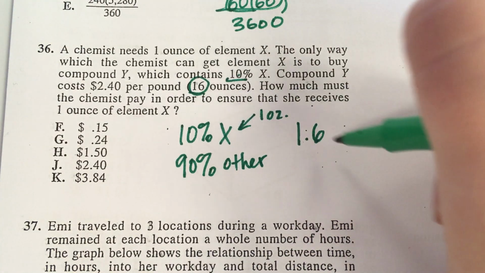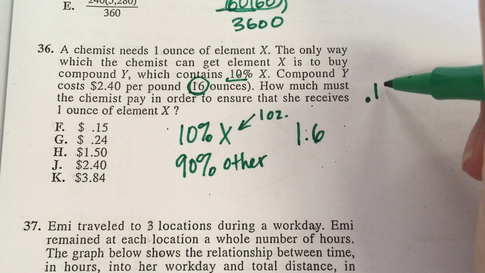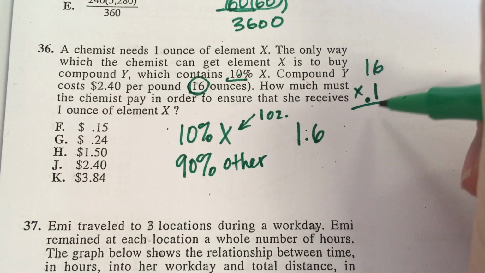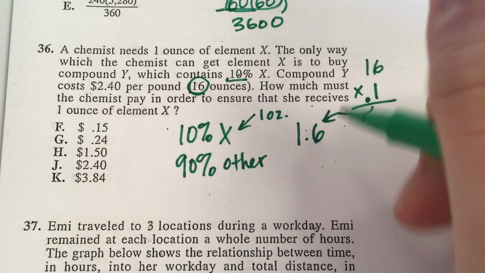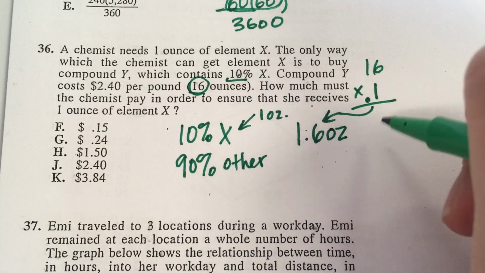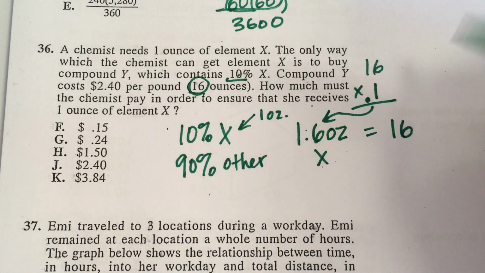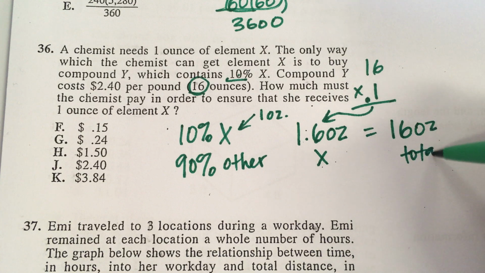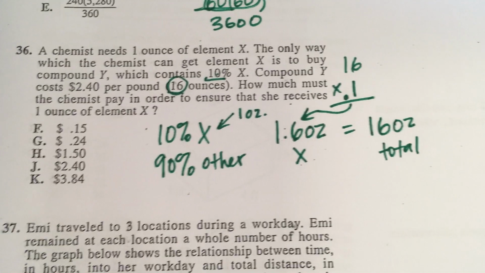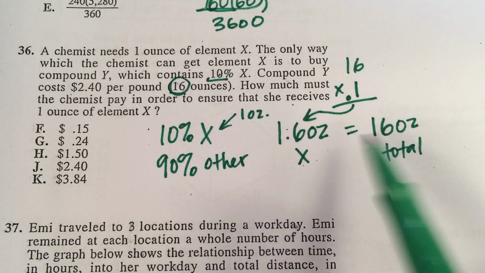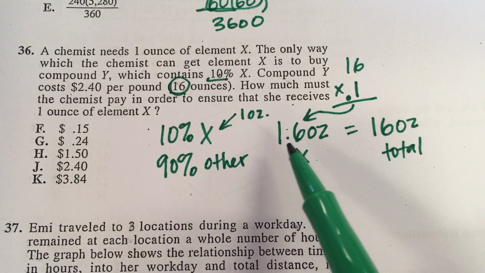So like 0.1 or 0.10 times 16 would give me this much. So 1.6 ounces of X comes in 16 ounces total, right? So I get 1.6. So I know it's less than a pound. I don't quite need a pound, right?